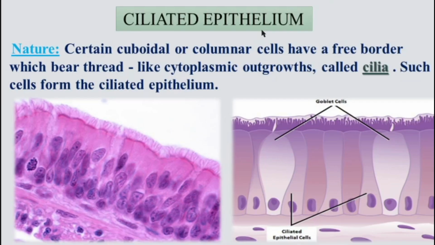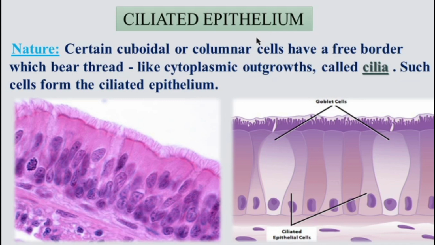Next one, ciliated epithelium. How does it look in nature? Certain cuboidal or columnar cells have a free border which bears thread-like cytoplasmic outgrowths called cilia.